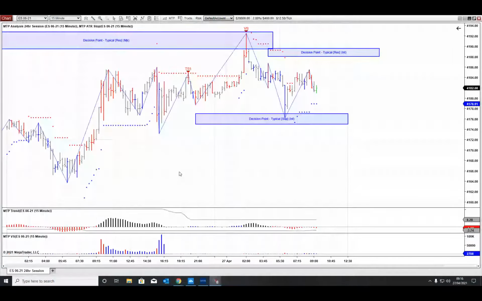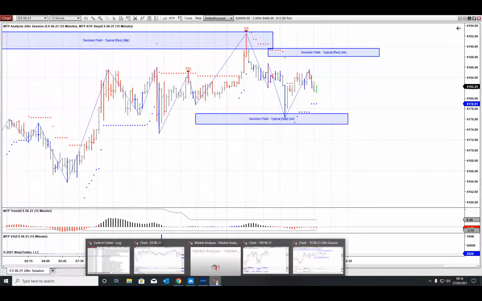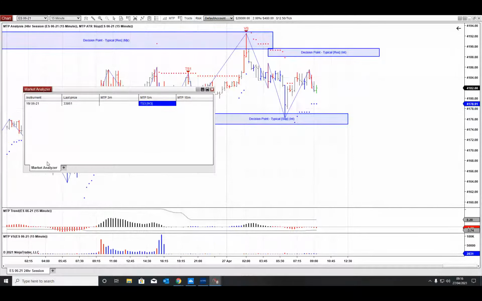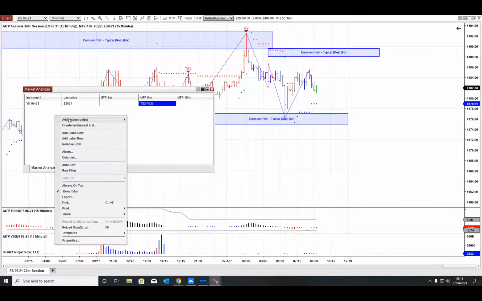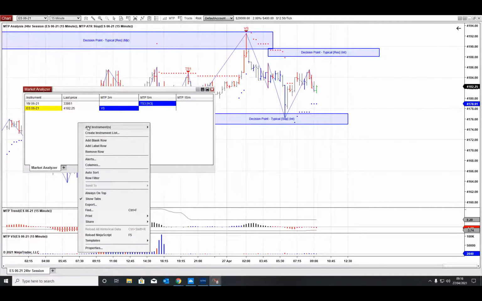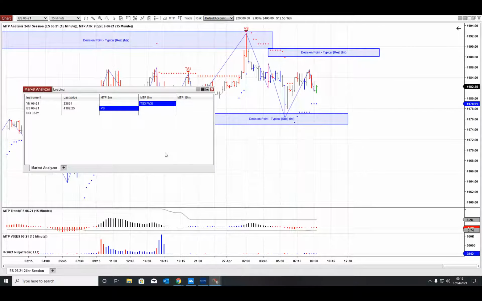Right. So at the moment, we'll be waiting for buy setups. That's when you could have your market analyzer running. I just add another instrument in there. You'll be looking for buy setups.